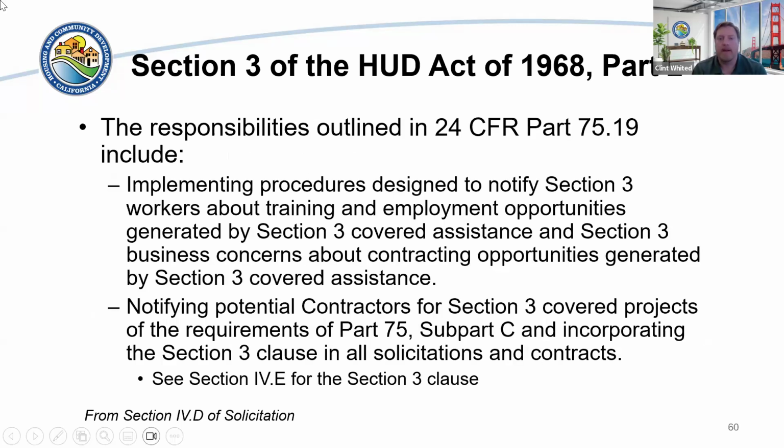The responsibilities outlined in Part 75 include implementing procedures designed to notify Section 3 workers about training and employment opportunities generated by Section 3 covered assistance, and Section 3 business concerns about contracting opportunities generated by Section 3 covered assistance, as well as notifying potential contractors for Section 3 covered projects of the requirements of Part 75, Subpart C, and incorporating the Section 3 clause in all solicitations and contracts. Please refer to Section 4E for HCD's required Section 3 clause to be incorporated in your construction contracts and subcontracts.